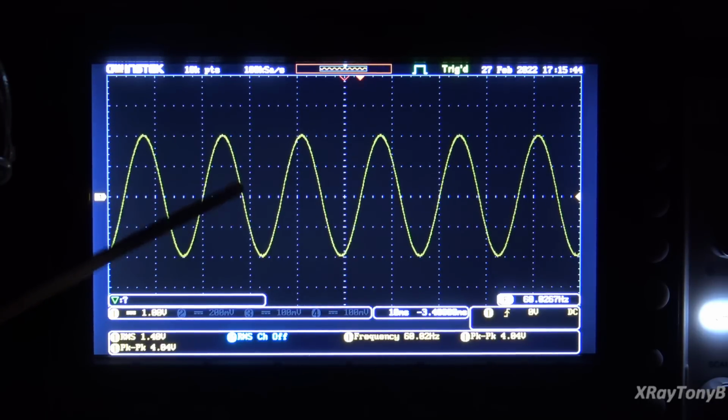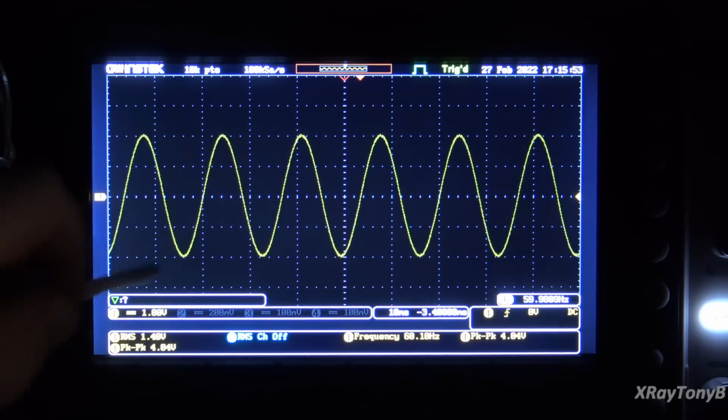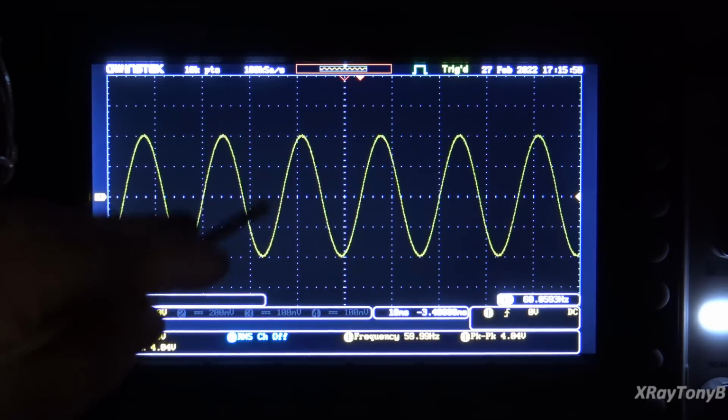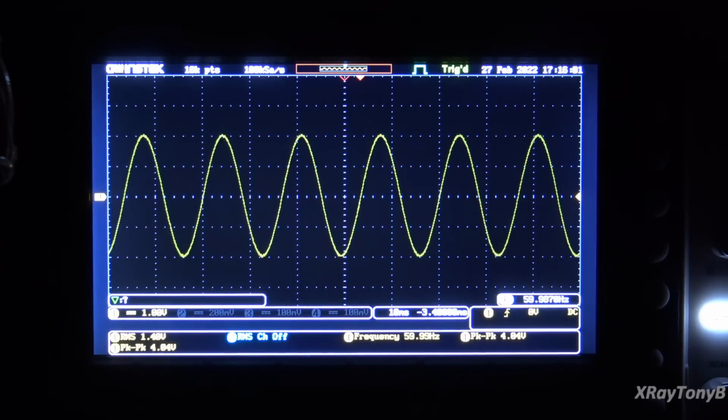So this would be 10 milliseconds, and this would be 20 milliseconds, and each little dot would be 2 milliseconds. So it would be 10, 12, 14, 16, just under 17 milliseconds.